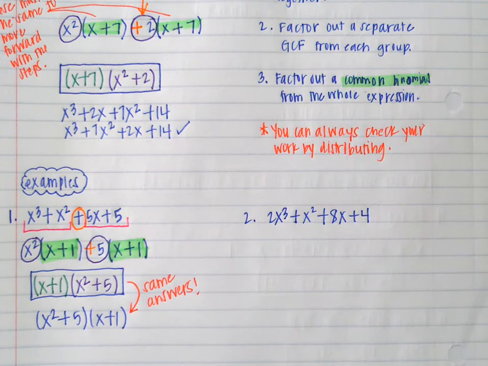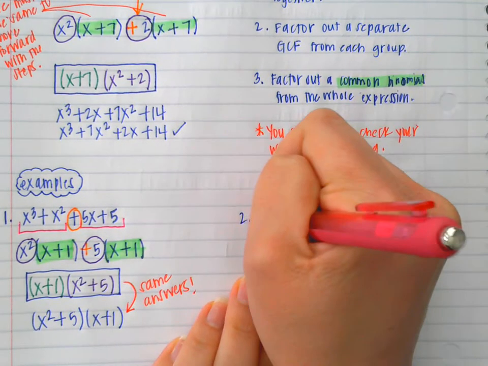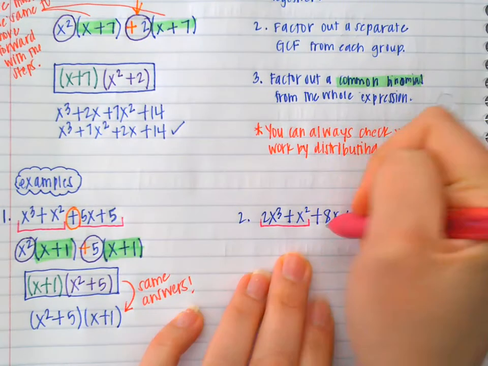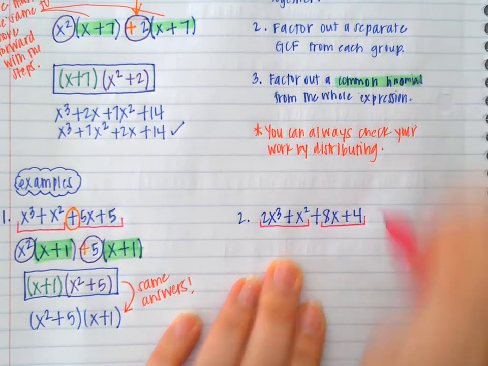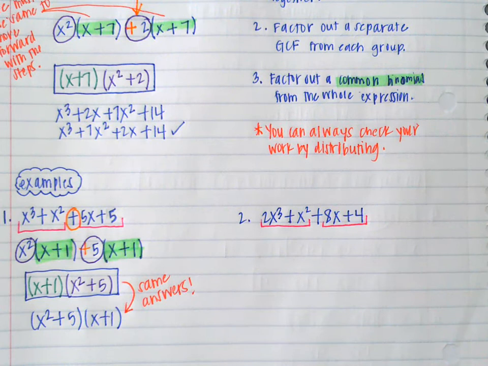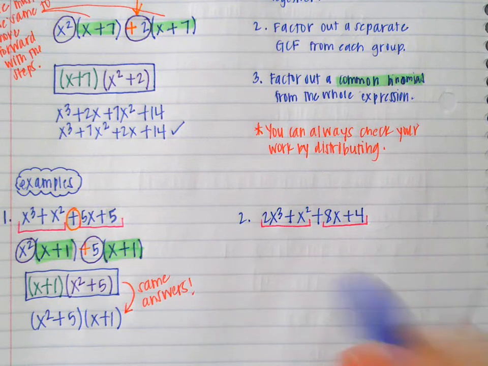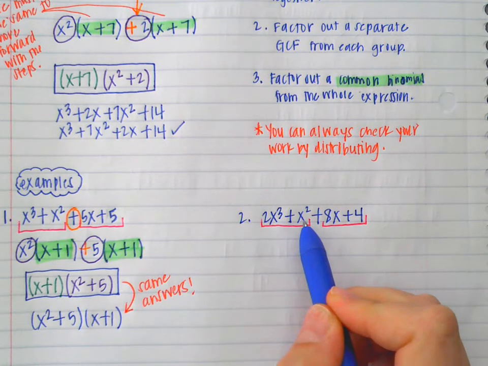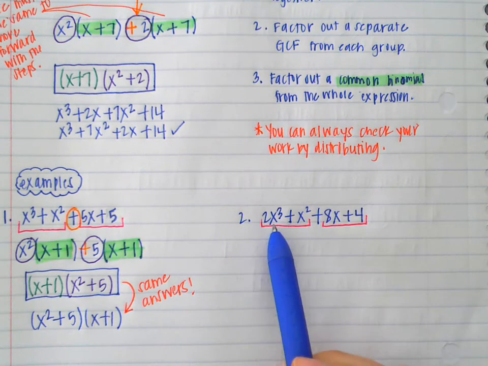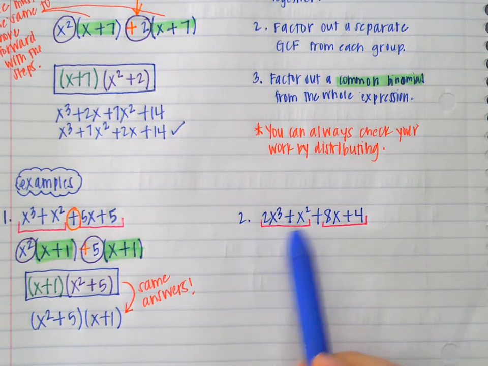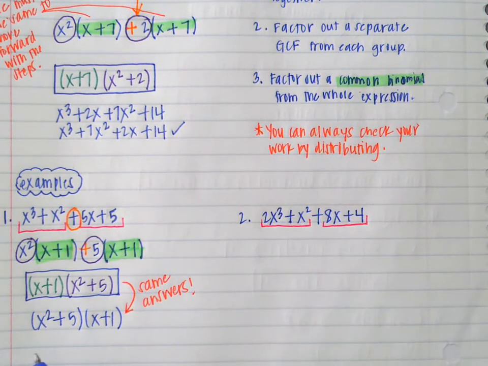So again, we first start by splitting it into our 2 groups. 2x cubed plus x squared is one group, and 8x plus 4 is another group. Then comes the GCF. We look at our groups separately. 2x cubed and x squared both have an x, so we take out the smallest of the two.